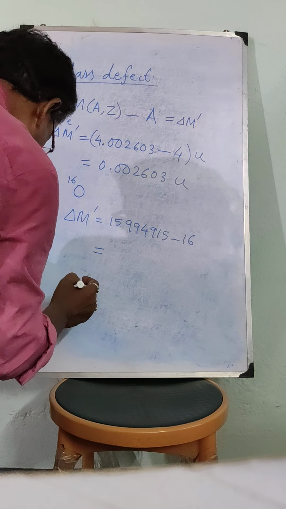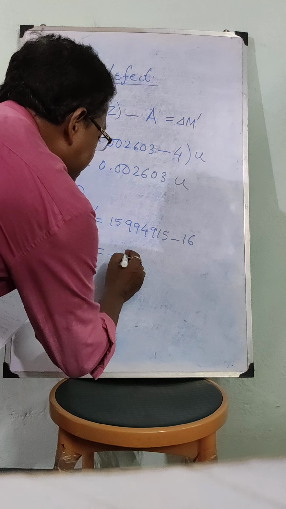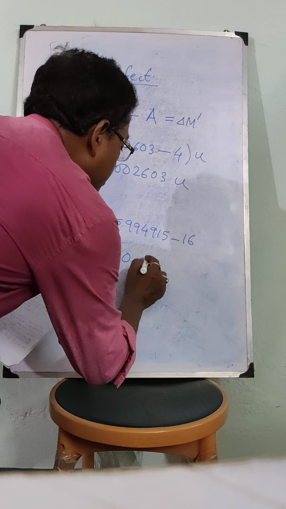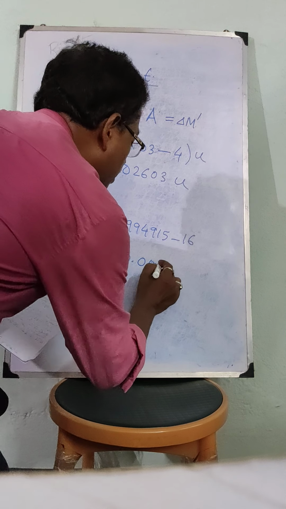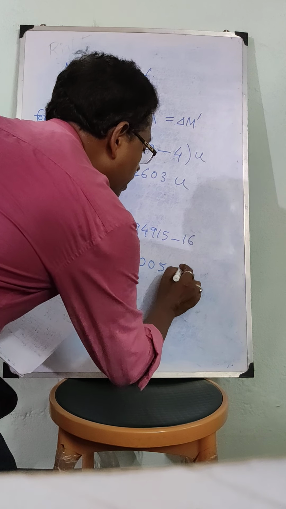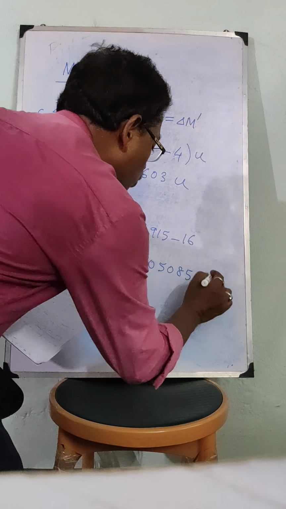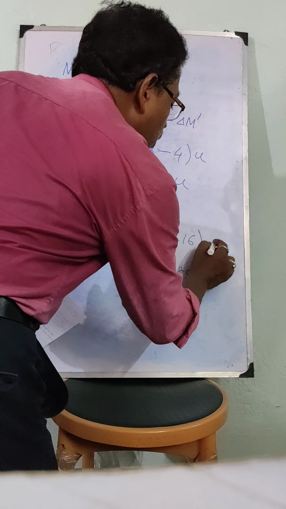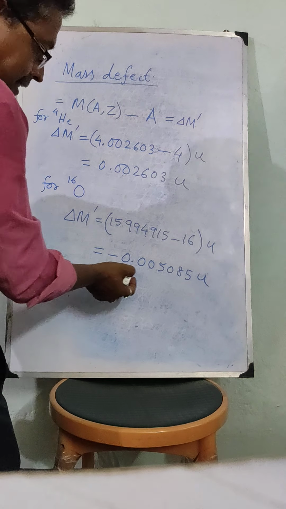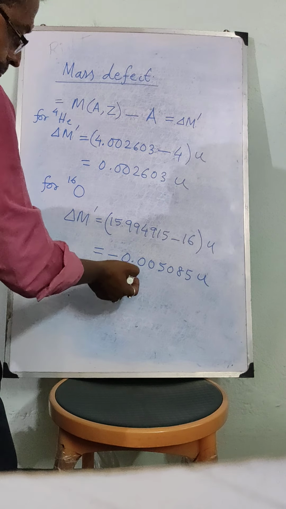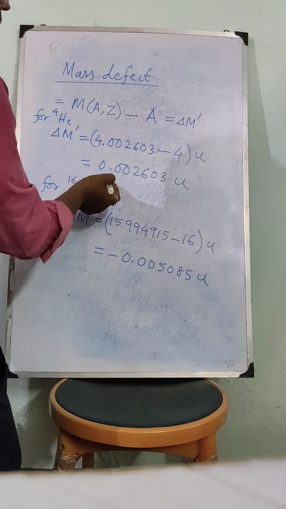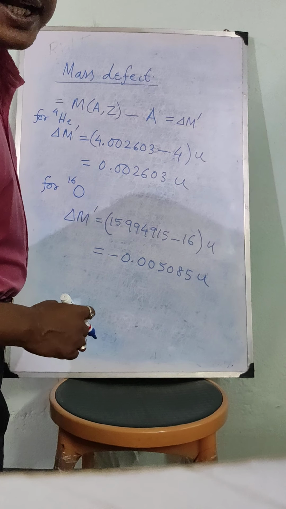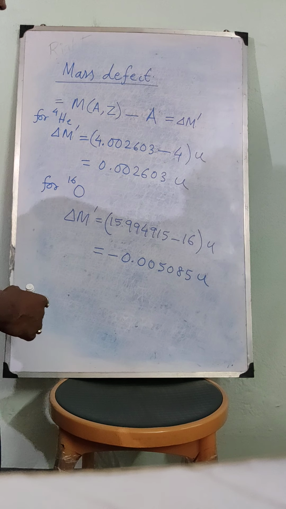So this is a negative number, minus 0.005085 U. This is also in U. So the mass defect of oxygen is a negative quantity and the mass defect of helium is a positive quantity. So we can say that mass defect may be both positive and negative.